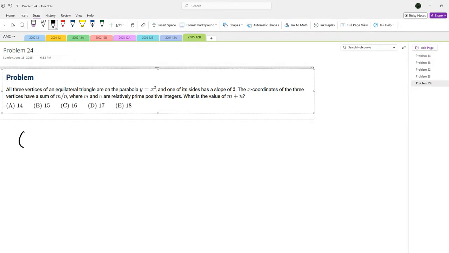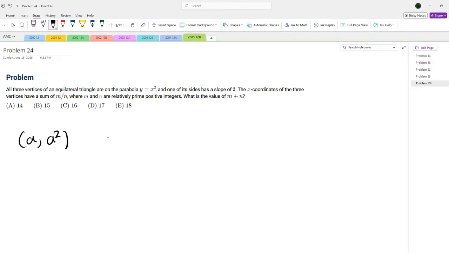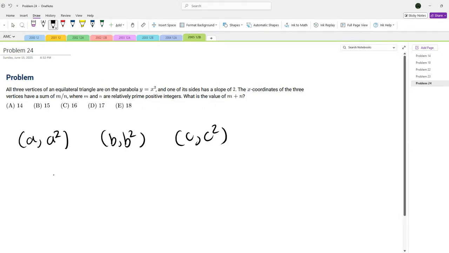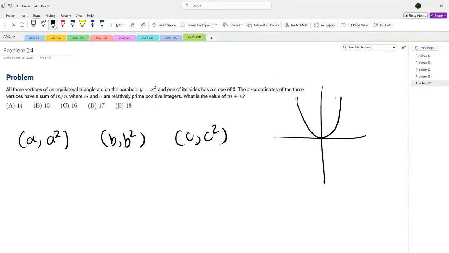So if we write our points as a squared, b squared, and c squared, we know that the slopes between these points, for example, if the parabola looks something like this, and the triangle looks something like this. Sorry.